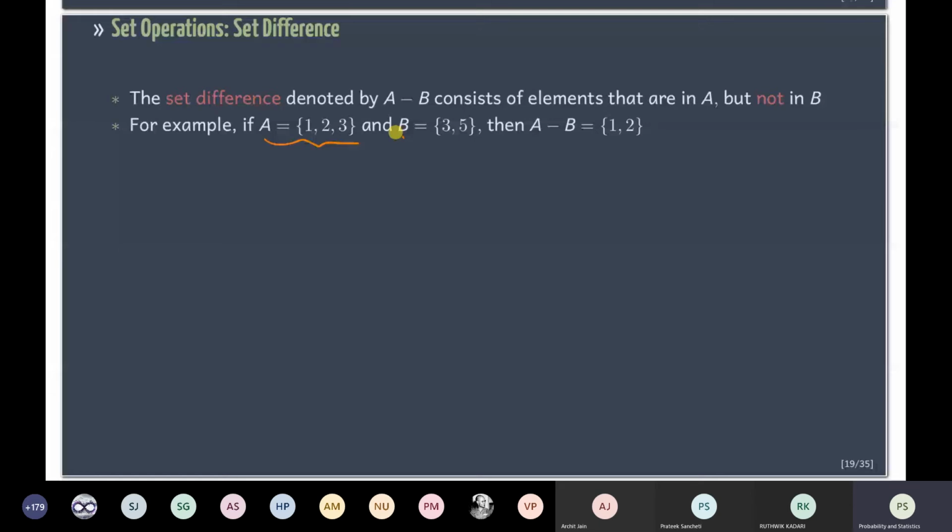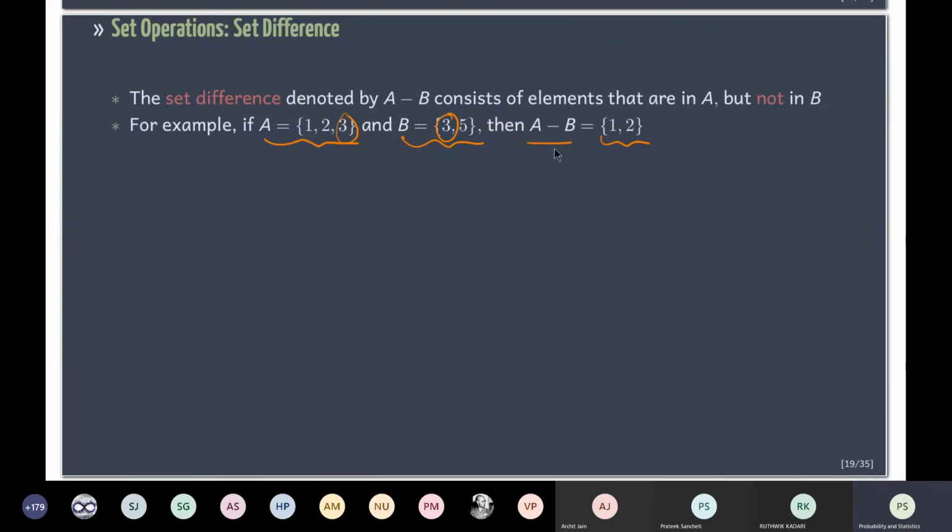The set of all elements that are in A but not in B. So we look for the elements of B which are also in A. The element of B which is in A is 3, so that's the thing we removed, and that's how we got only those elements of A which are not in B.